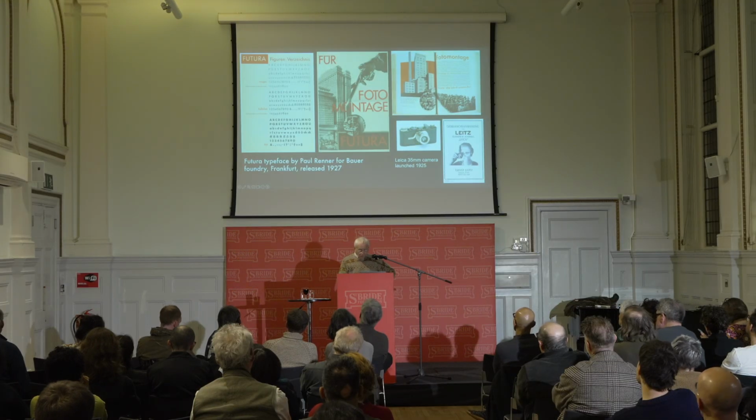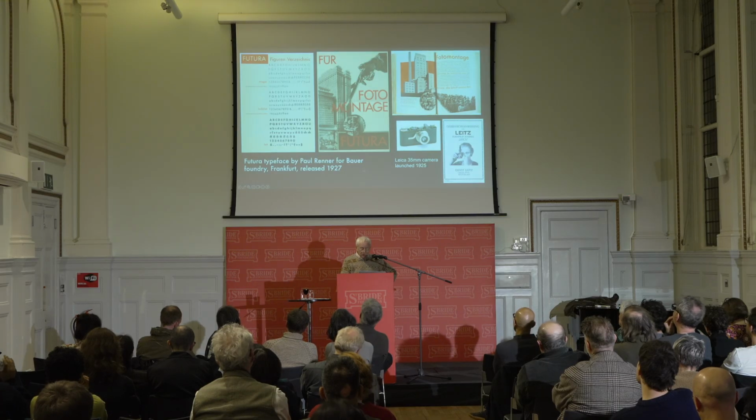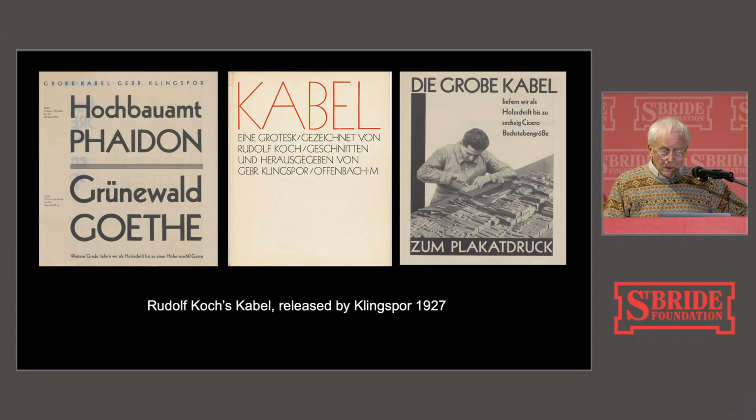Now, Koch had actually also introduced a sans serif in this period, Kabel, one which was extremely popular. But one senses from his statements that he regarded it as a novelty, most useful as a display face, never to challenge the black letter faces for reading.